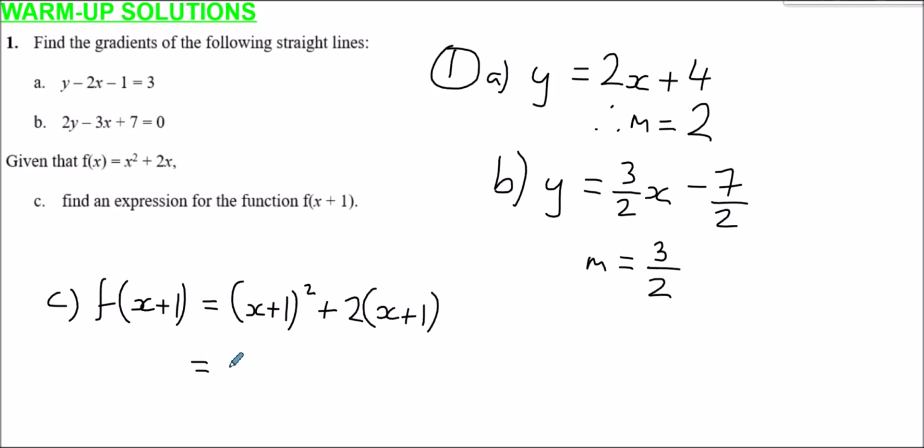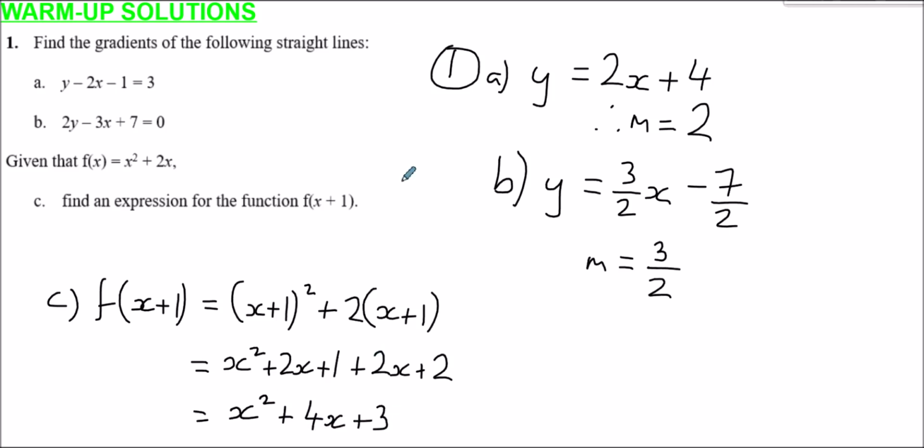So expand out these brackets as we should know how to do. We get x squared plus 2x plus 1 and then plus 2x plus 2. Finally, group together the terms and simplify. We should end up with x squared plus 4x plus 3. And so the answer to part C is just x squared plus 4x plus 3.